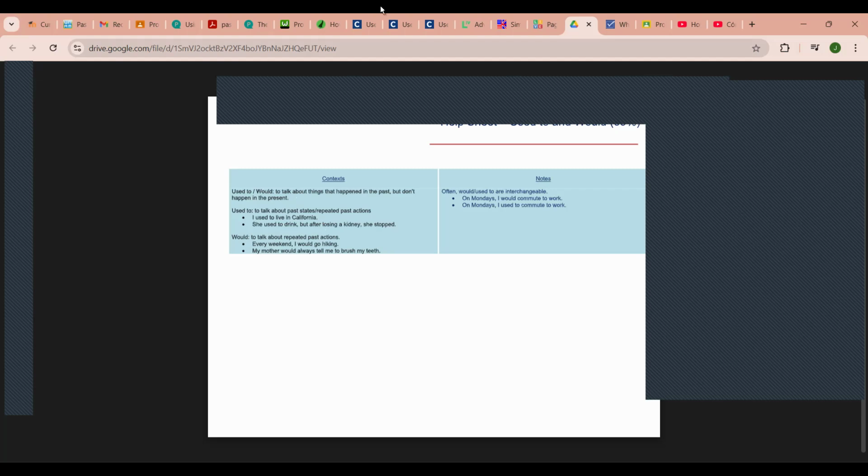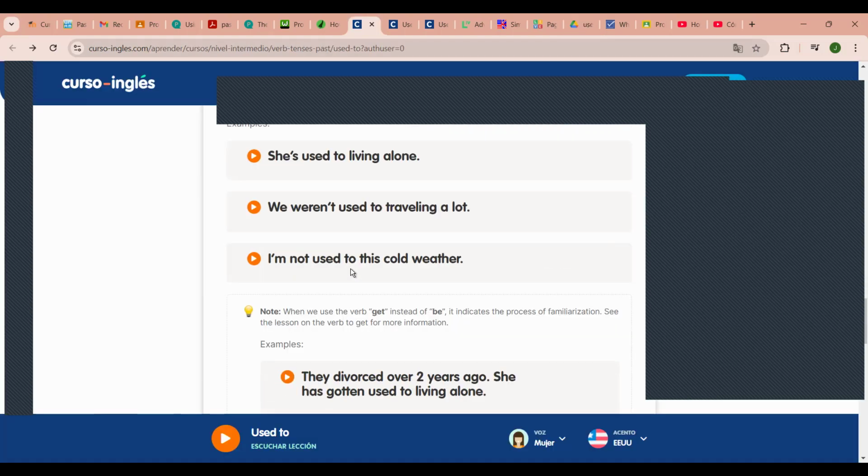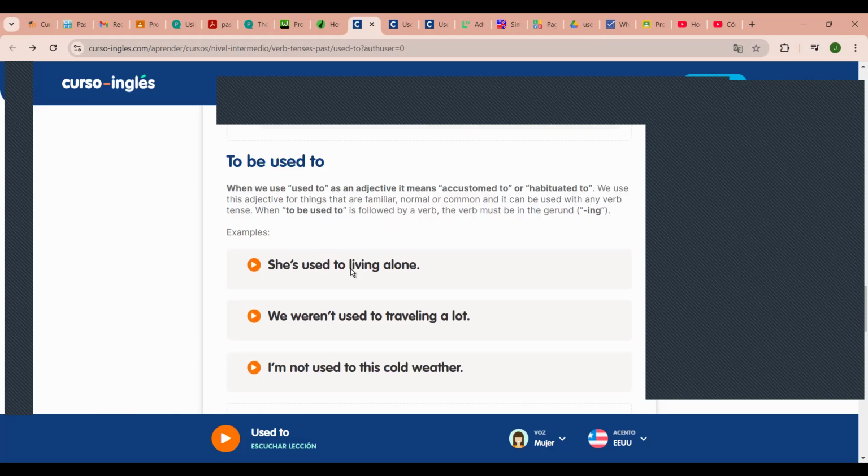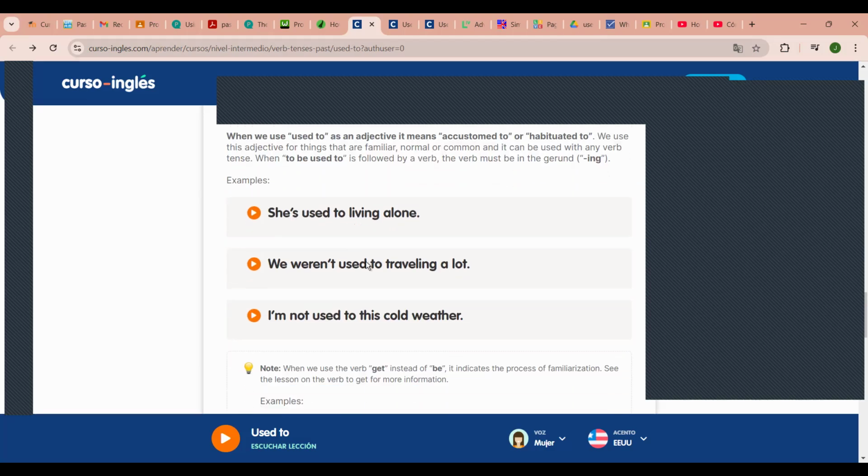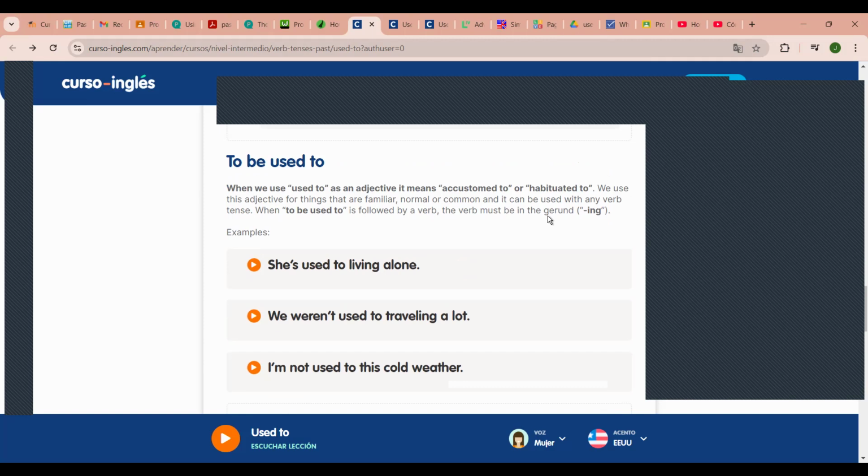All right. Now, what about the adjective form that was mentioned at the top? You can use used to plus other forms when talking about the state of something.